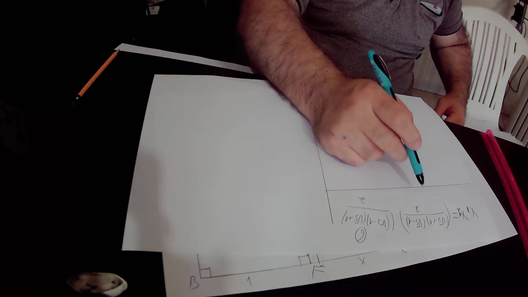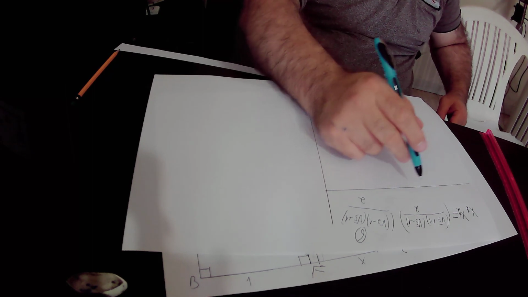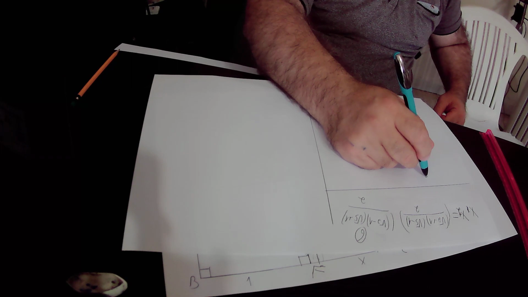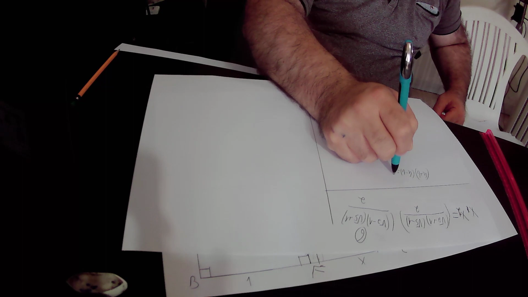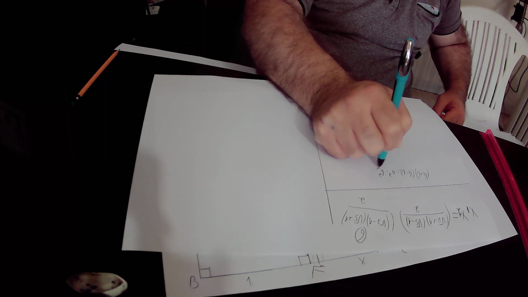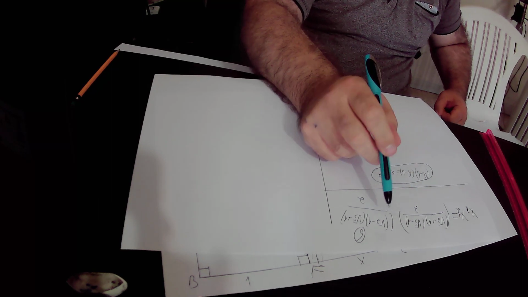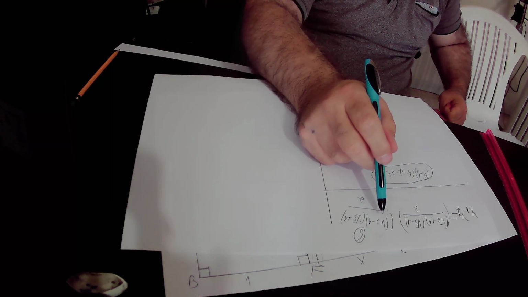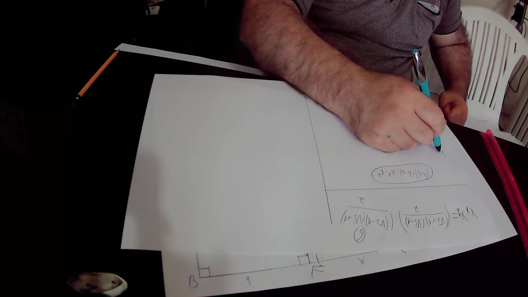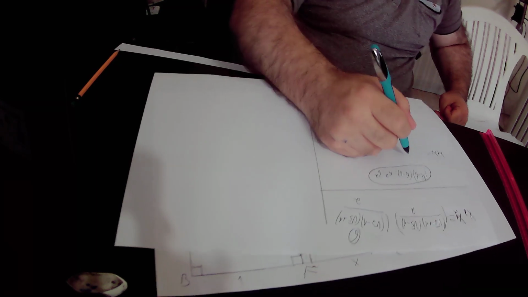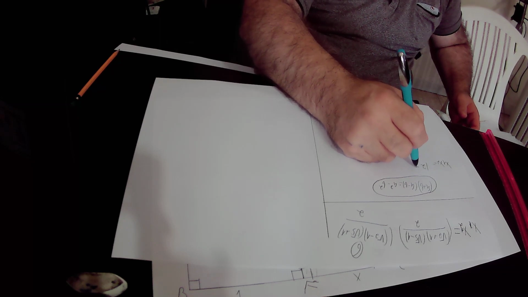Here we have square root of 2 plus 1 times square root of 2 minus 1, and according to the algebraic identity that a plus b times a minus b equals a squared minus b squared, we will get that the value of square root of 2 plus 1 times square root of 2 minus 1, here a equals square root of 2, so square root of 2 squared is 2 minus b squared.